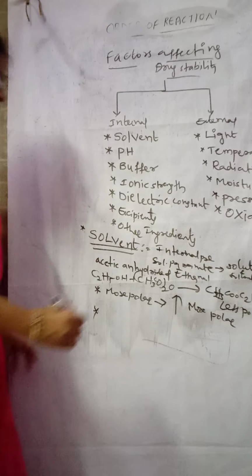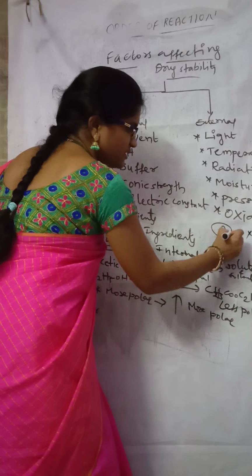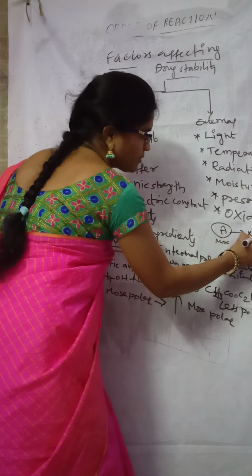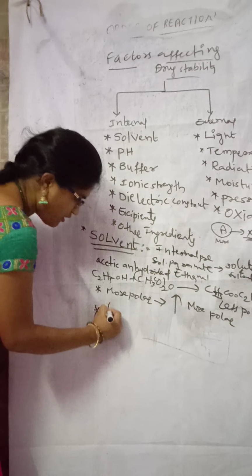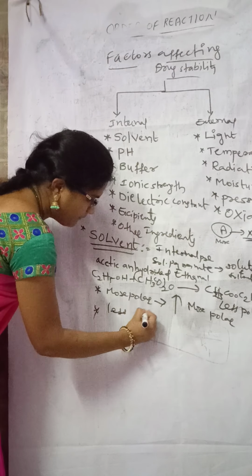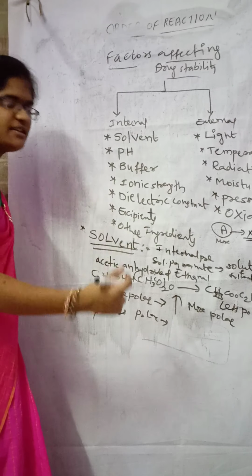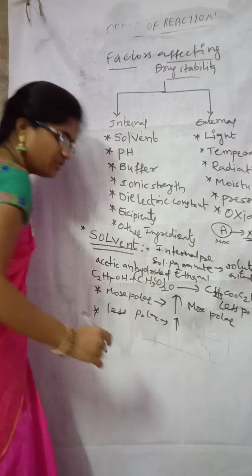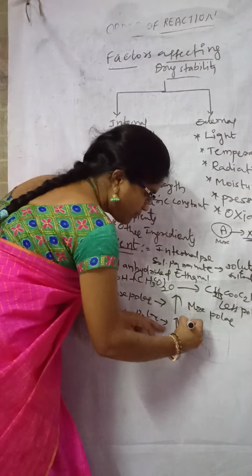Consider a reaction A giving X. A is more polar means the product also will be more polar. Next, if the solvent is less polar, it will catalyze the formation of less polar products.